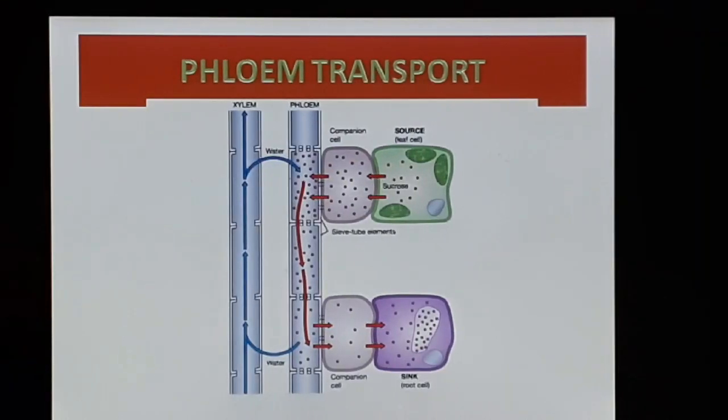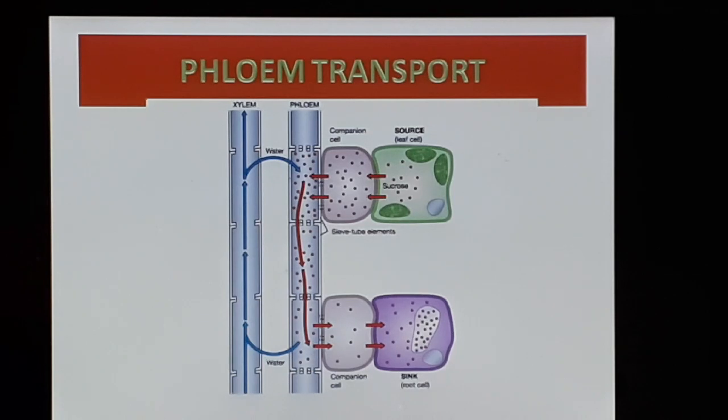Now let us study the transportation of food and other materials through the phloem elements. The transportation of food prepared by the leaves through phloem is called translocation. Besides the organic food material prepared by the leaves, phloem also transports amino acids and other substances.